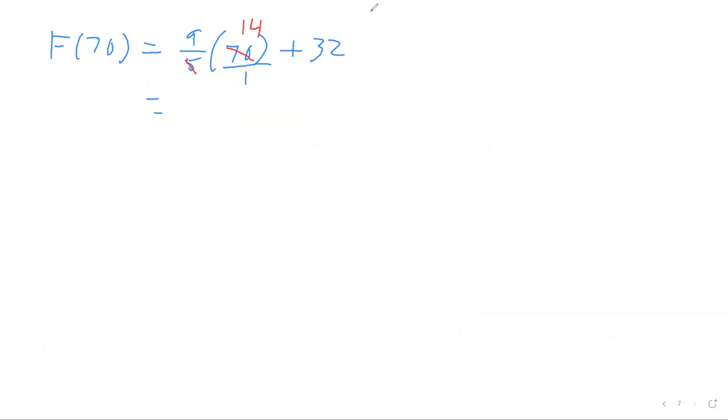So just canceling or reducing our fraction. 14 times 9, so 10 times 9 is 90. 9 times 4 is 36, so 6 plus 32, which gives us 158. A little more straightforward, but we already did all the work to do our conversion.